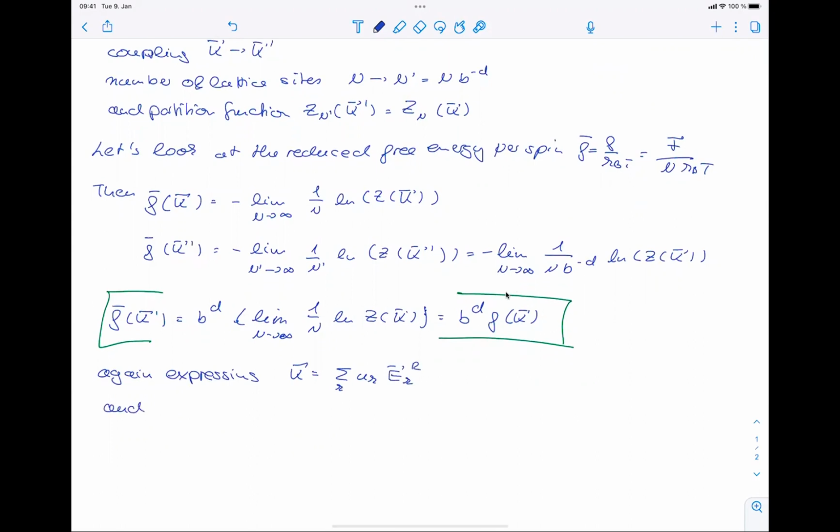And thus I can write also my reduced free energy per spin in terms of these coefficients of the parameters.